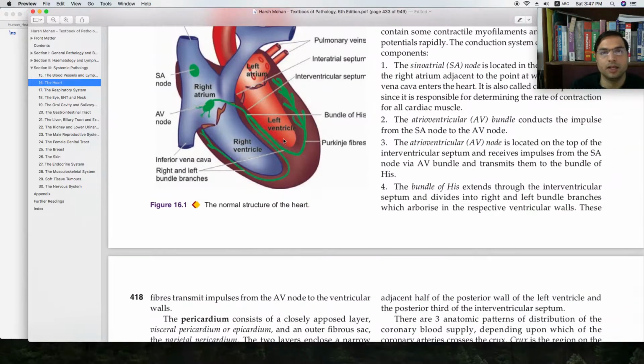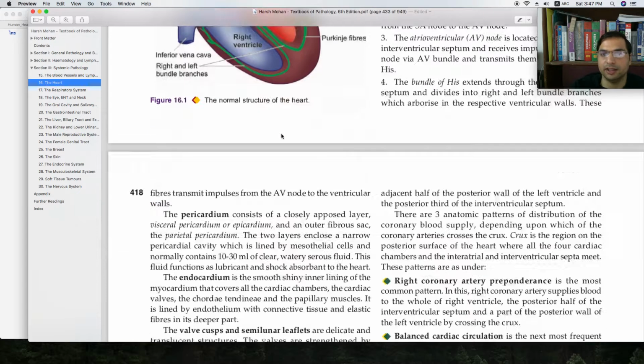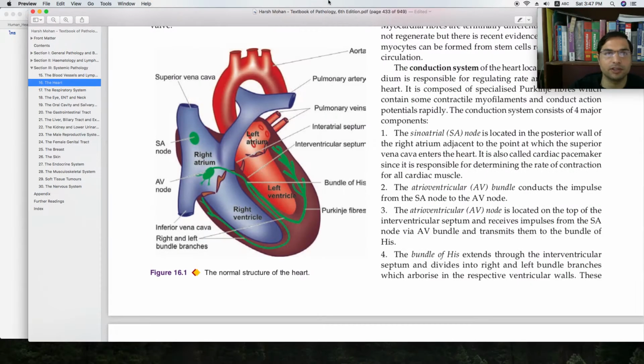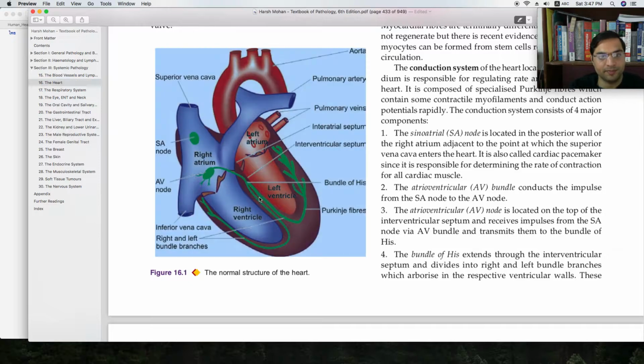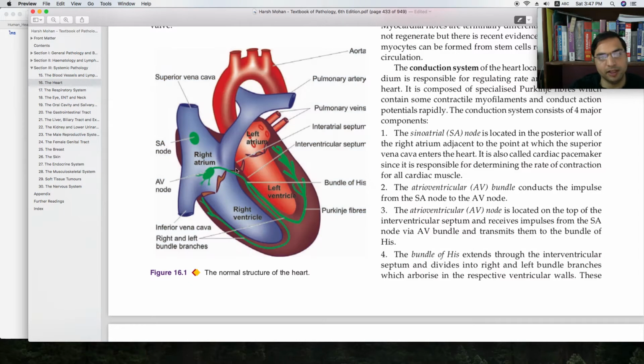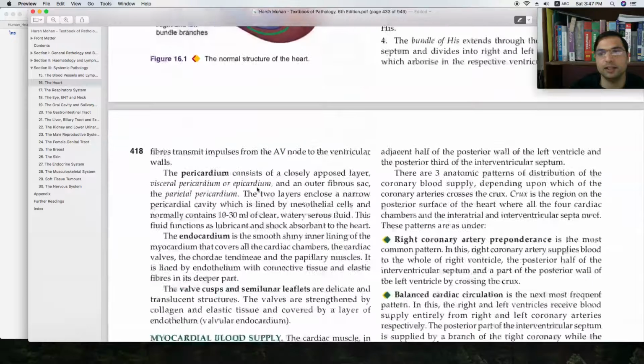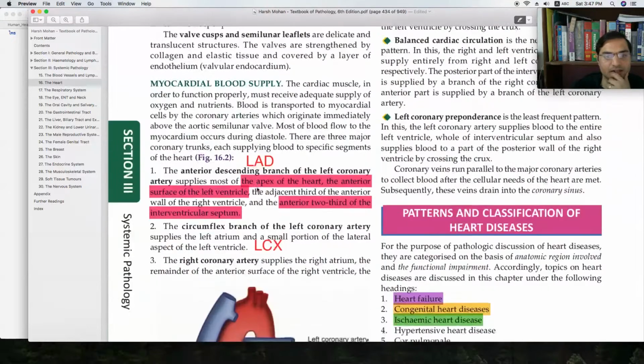So this interventricular septum, two-thirds of it is supplied by the left anterior descending branch, right? Left anterior descending branch. So this interventricular septum, the anterior two-thirds, is supplied by the left anterior descending branch, right?